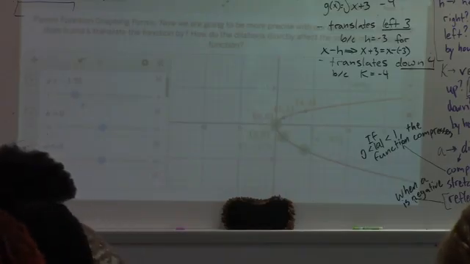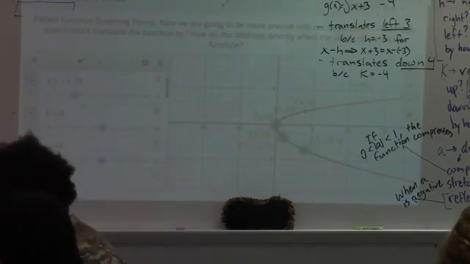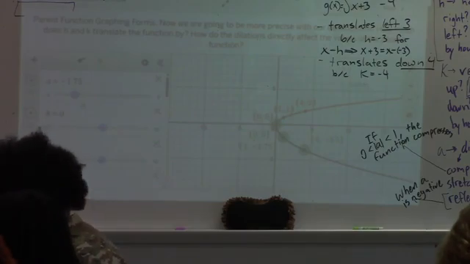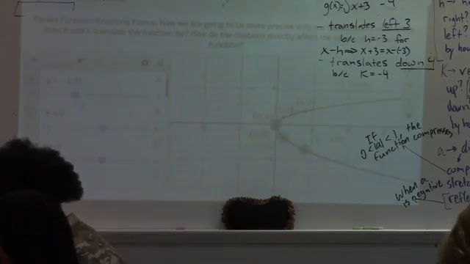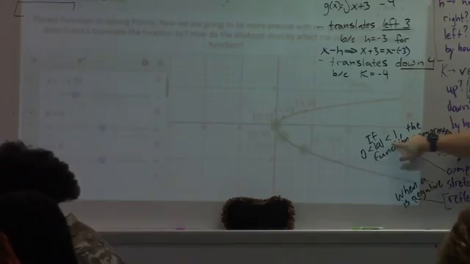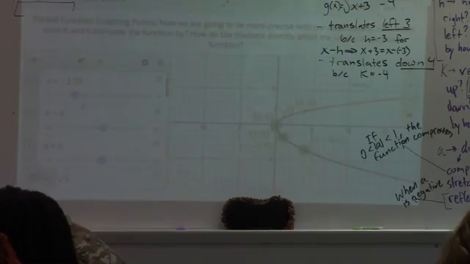And if it's -2, it is a reflection and it is a stretch. So if the absolute value of the number is more than 1, it's going to stretch it. If the absolute value of A is between 0 and 1, because we're multiplying, it's going to compress. And if A is negative, it's going to reflect.